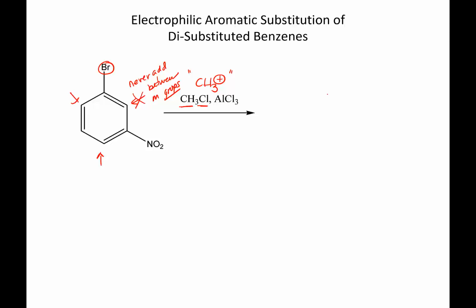So in this case, the only two products that you're going to get is to add the methyl group para to the bromine and ortho to the bromine. And notice how when I wrote the products out, I just replicated the molecule and then I added the two groups.